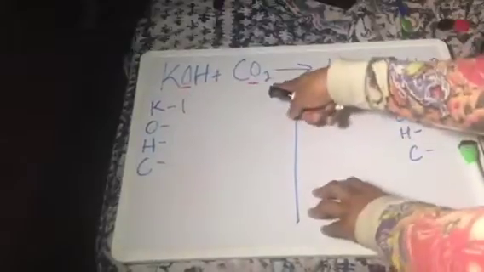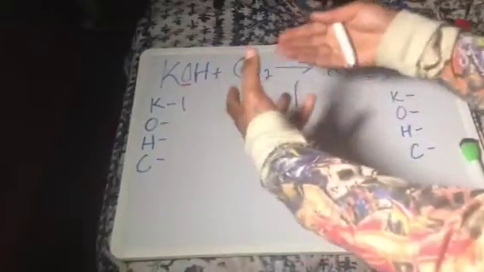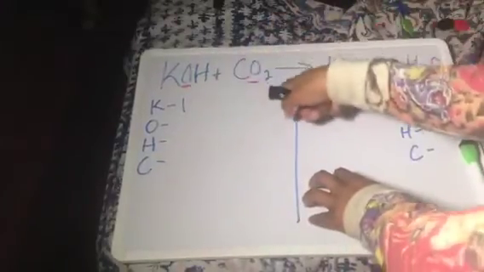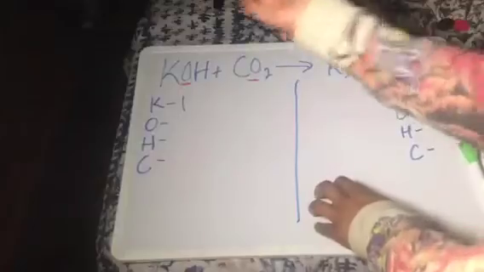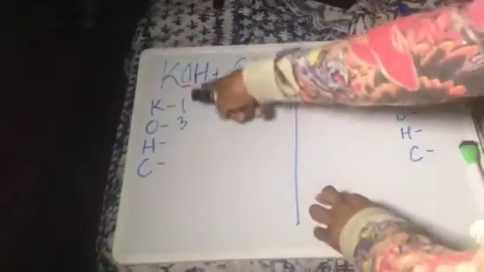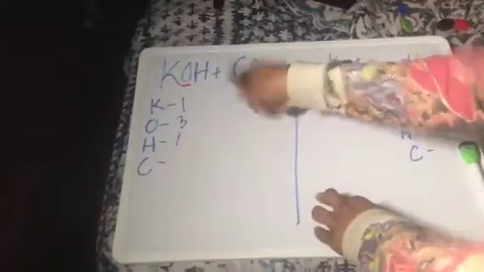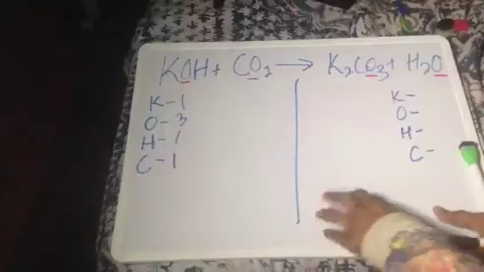So we have one carbon, we have one oxygen here, and then we have two oxygens here. For our total count, we're going to add them. So one oxygen plus two oxygens gives us three oxygens on this particular side. We have one hydrogen, so we're going to put a 1 here. And we have one carbon, so we're going to put a 1 here.